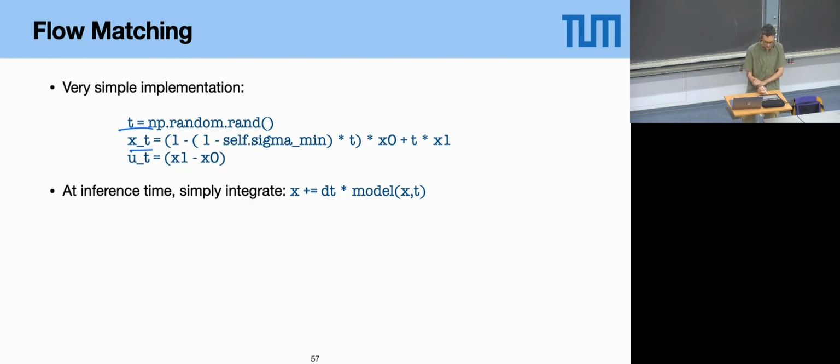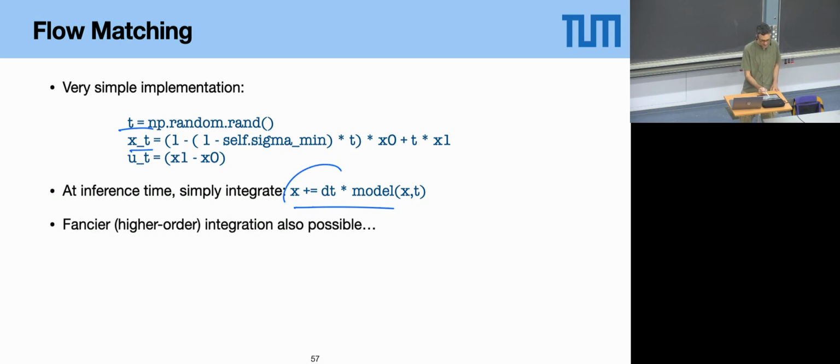And at inference time, you just integrate up dt times whatever velocity your model produces. Of course, this being a simple ODE, you can use higher order ODE integrators. From our experience, it's usable, but it doesn't add too much. The path is relatively straight. These higher order integrators don't give you a lot of improvement, and typically also need more evaluation steps along the way. But it's of course usable here.